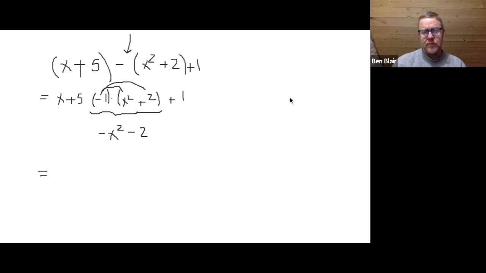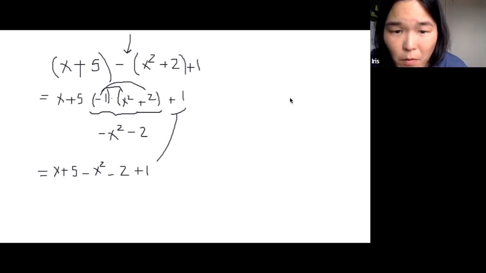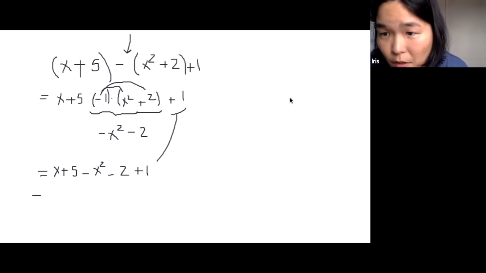So now I have x plus 5 minus x squared minus 2, and then +1 here. When adding and subtracting polynomials, we can only add and subtract same powers.